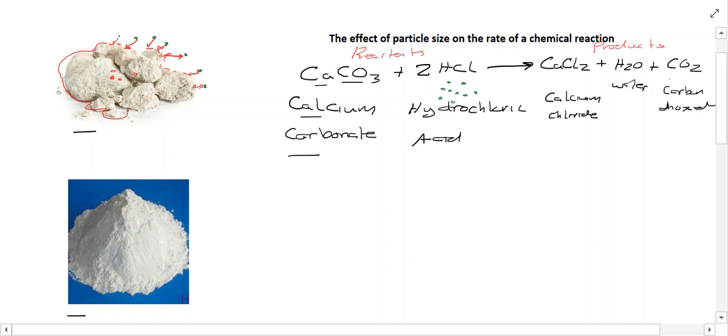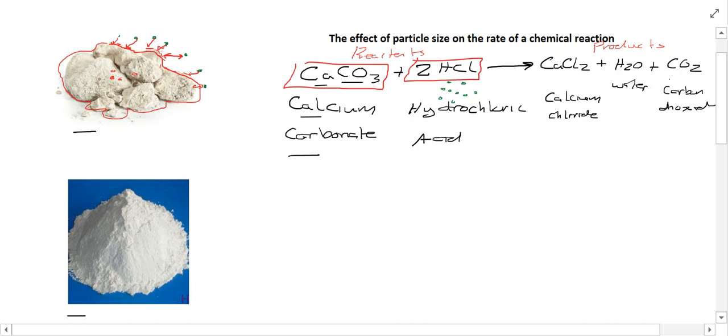When you have big particles, you have less surface area for the hydrochloric acid to come into contact with. In order for the reaction to happen, there has to be contact between these two reactants, the calcium carbonate and the hydrochloric acid.